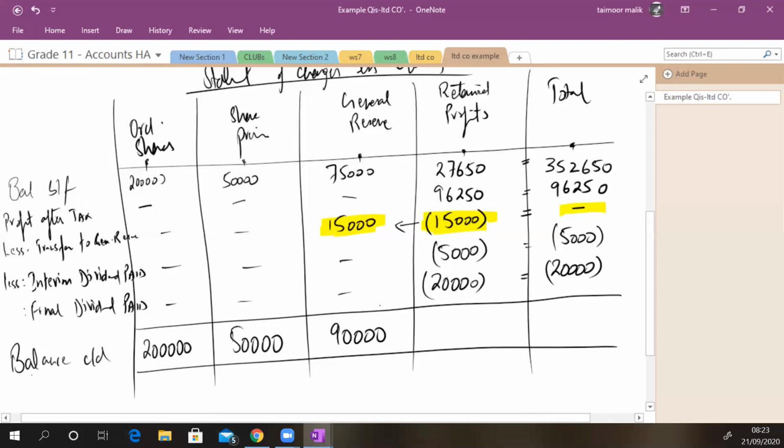What is the value for retained profits? Sir, 83,900. And this total would be? Sir, 423,900. Yes, sir.